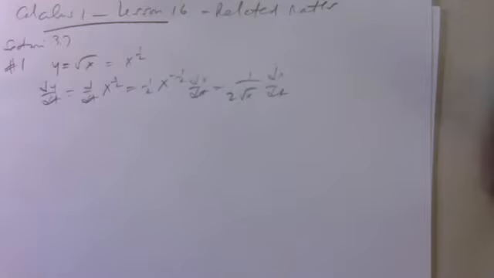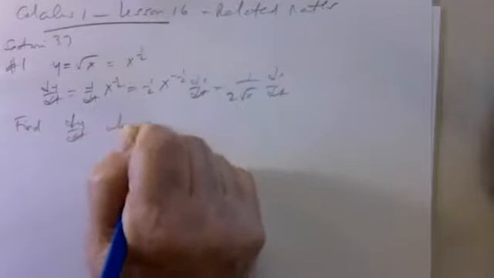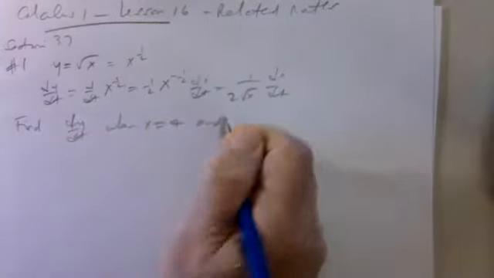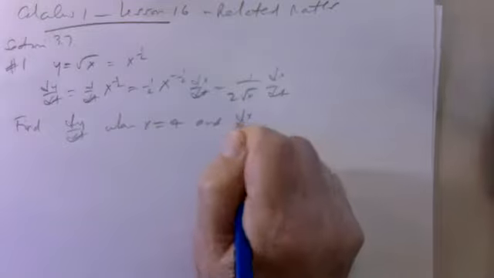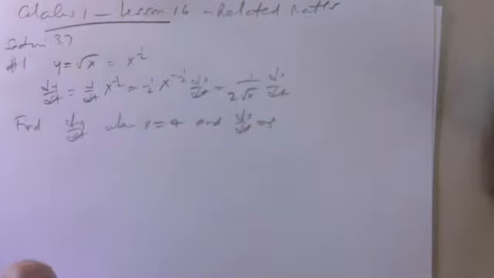So that formula relates dx dt and dy dt. And we want to find dy dt when x equals 4 and dx dt is 3.